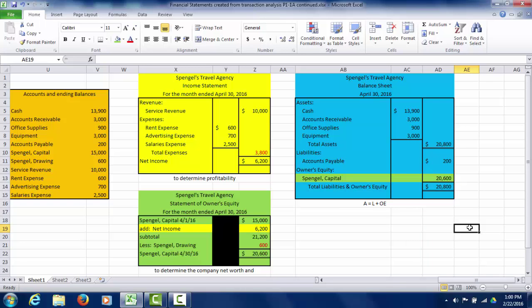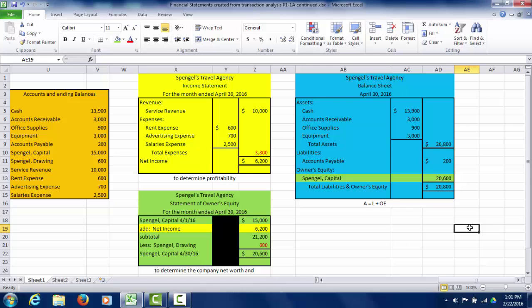So the goal of today was to take those balances from transaction analysis and see if we can create financial statements. We created an income statement, which the result was net income. That net income answer then got copied into the statement of owner's equity. That result ended up being our net worth, 20,600, and we ended up copying that result into the balance sheet. So without the income statement, we couldn't do a statement of owner's equity.